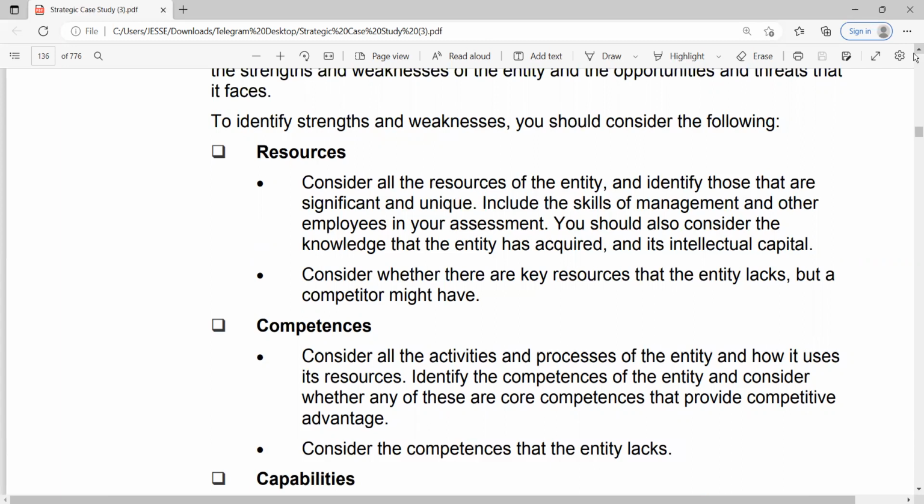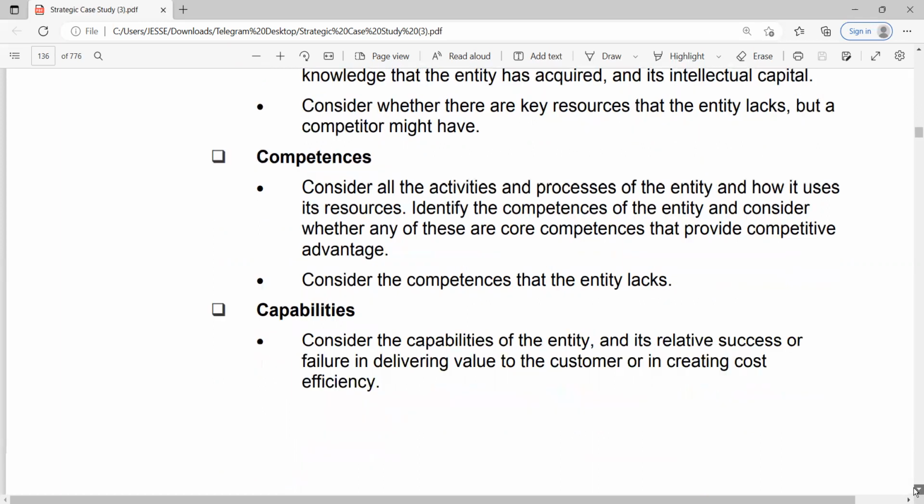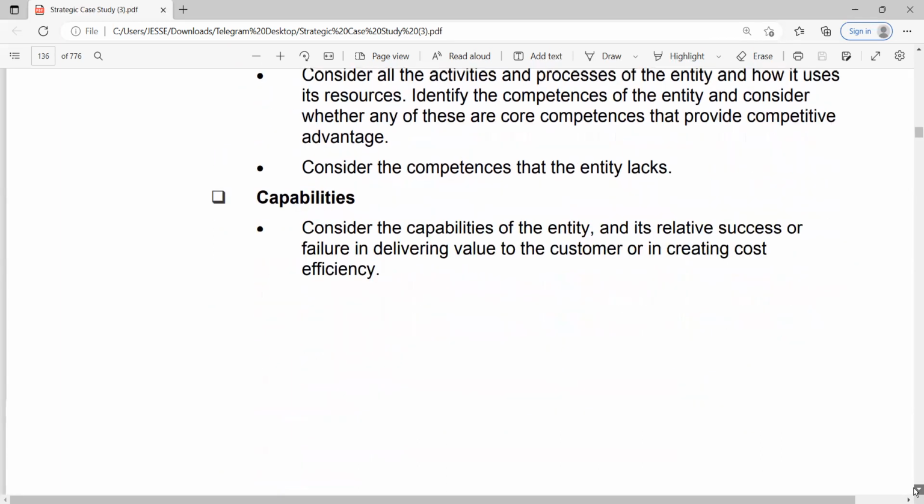And then competencies, the same. Try and figure out what the competencies are, which of them are core competencies, and is there any deficiency or any competence that the organization lacks? Then for capability, you look at the capabilities of the entity and how successful it is in delivering value to the customer or creating cost efficiencies.